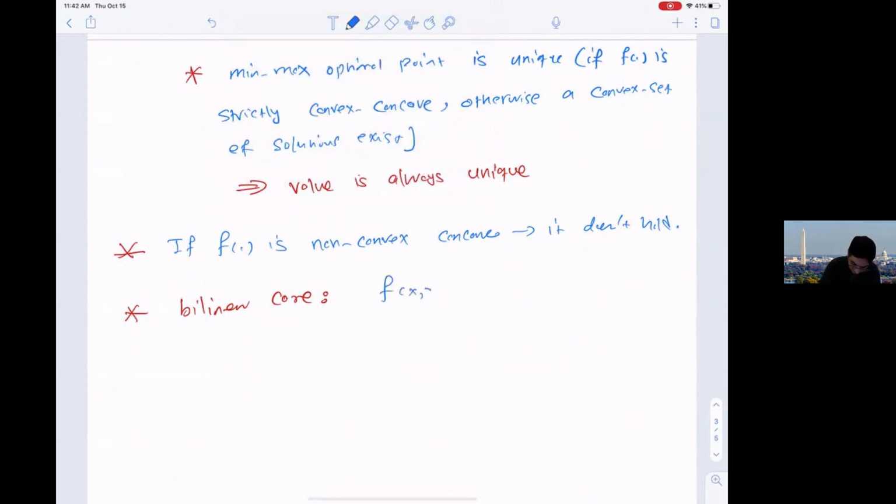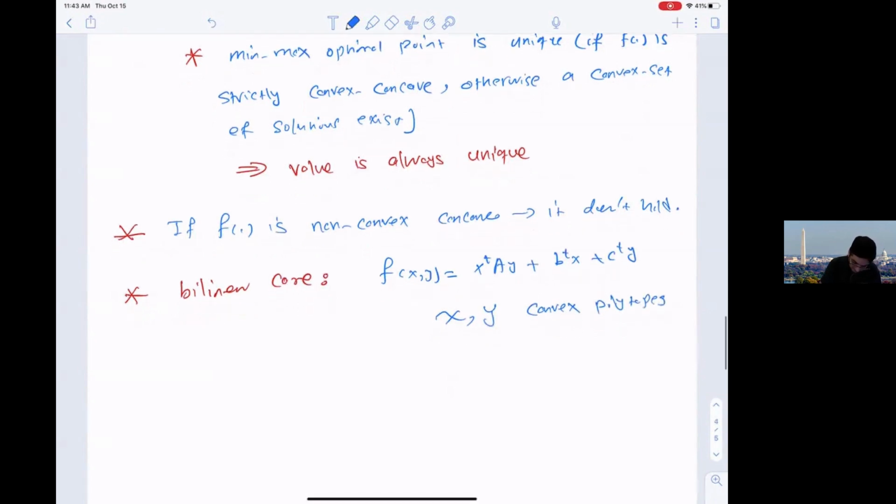So if we consider a bilinear case, let's say x transpose A times y plus B transpose x plus C transpose y, it's bilinear, linear in x, everything else is constant for that, linear in y, everything else is constant for that. But here, assuming my feasible set is convex, bounded polytopes.